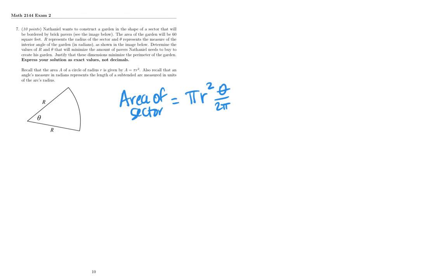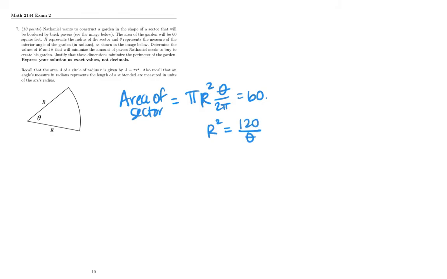So that gives me, my r is that capital R actually, and so I know that is equal to 60. Okay, so that tells me that capital R squared is equal to 120 over theta.